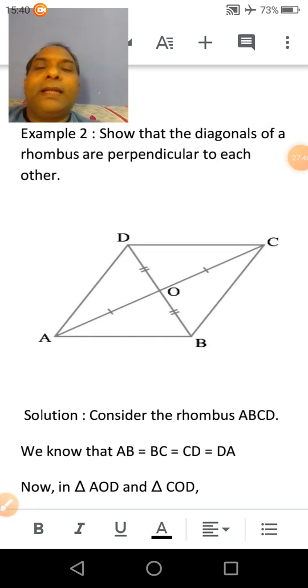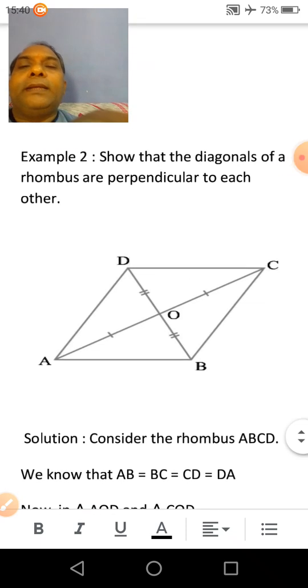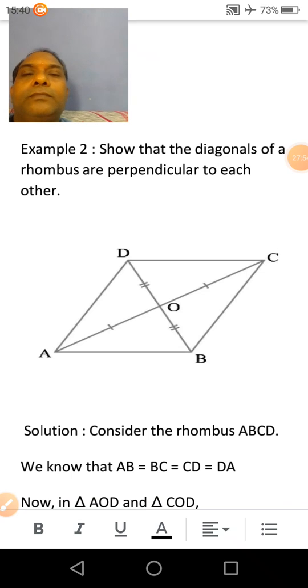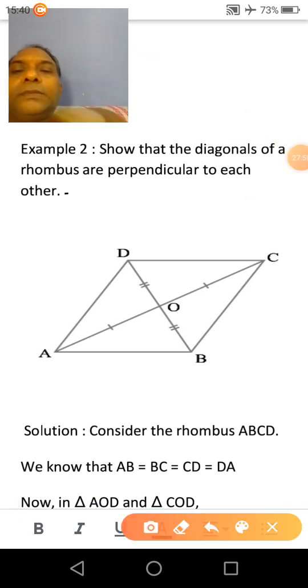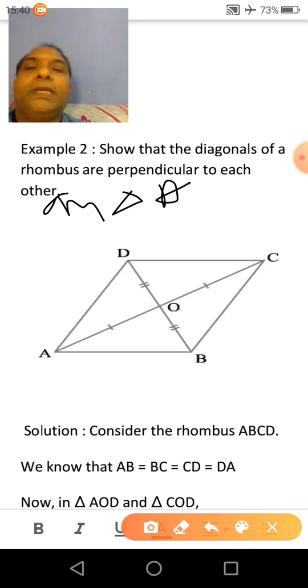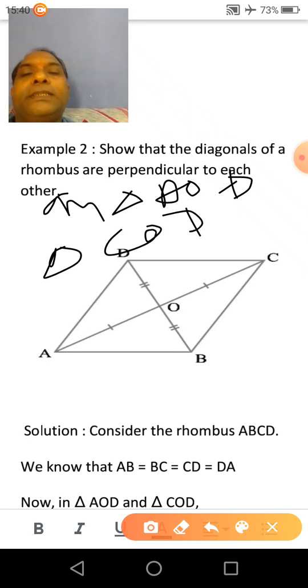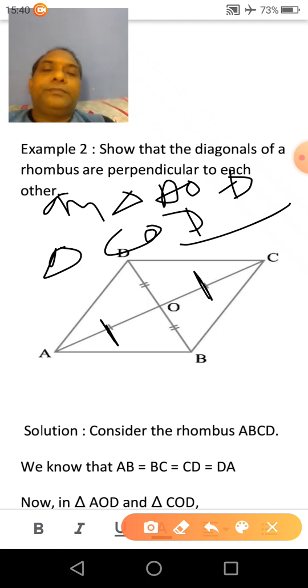So in triangle AOD and triangle COD, see here again, OA is equal to OC, because ABCD is a parallelogram, and we know that a rhombus is a parallelogram.